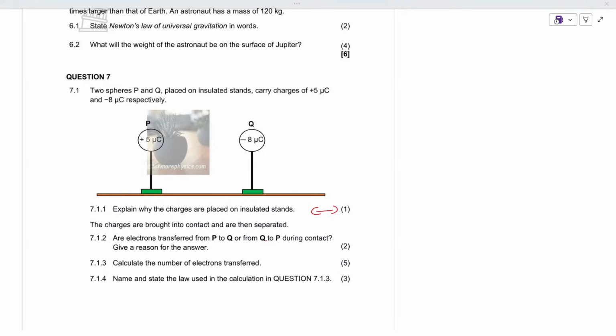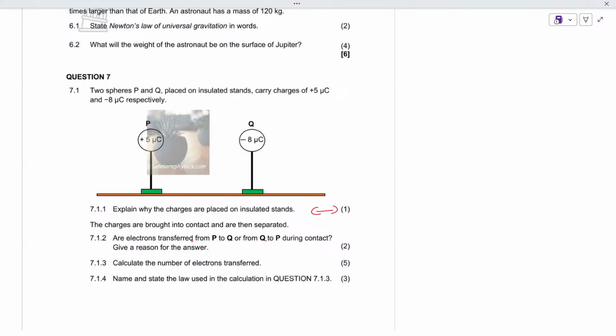So the first thing is that, as we have discussed, electrons are going to move from the negative 8 one, and they are going to move to the positive 5 one.